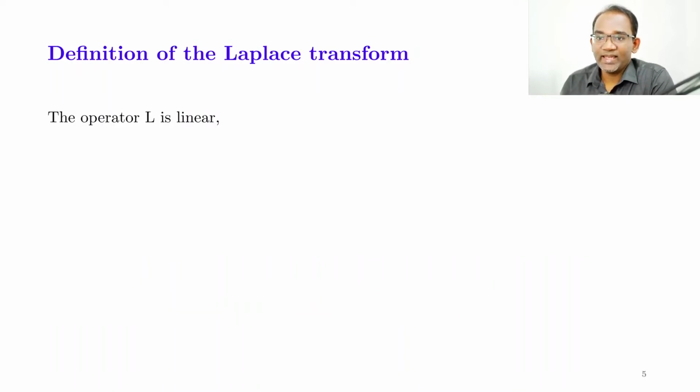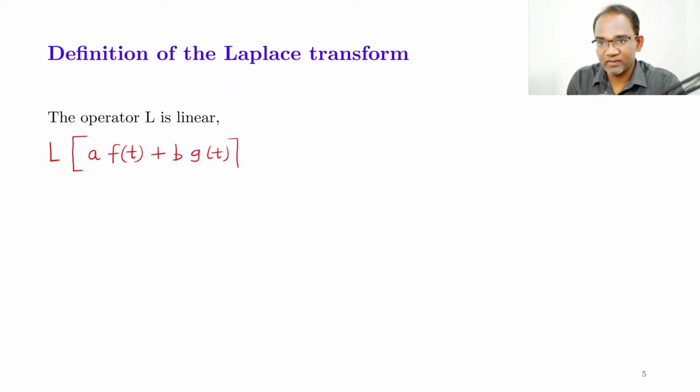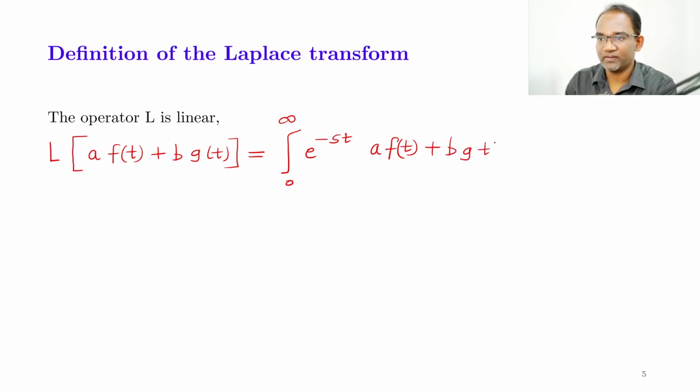Now the operator L is a linear one. That means that if we have L acting on a superposition of f(t) and g(t), this will be equal to the integral from 0 to infinity of e raised to minus st, then a f(t) plus b g(t), then dt.